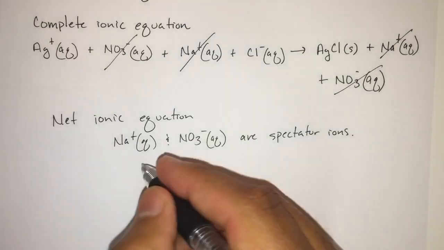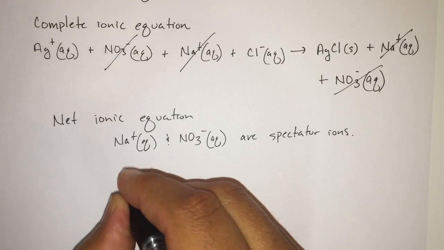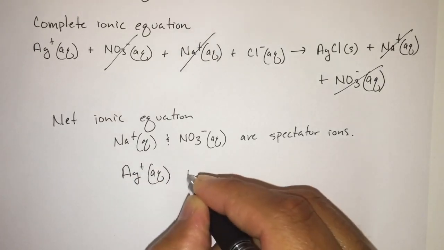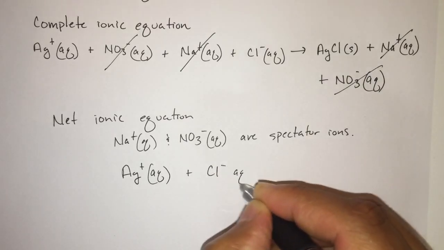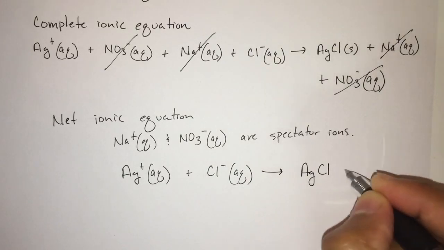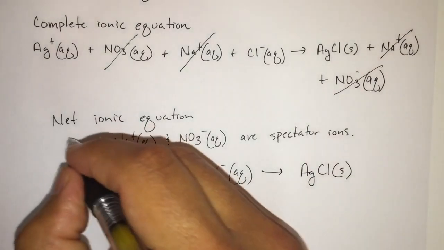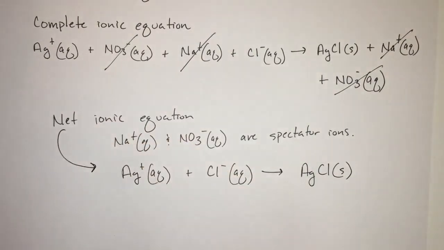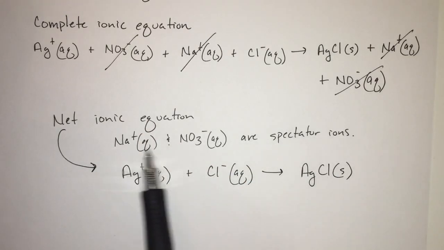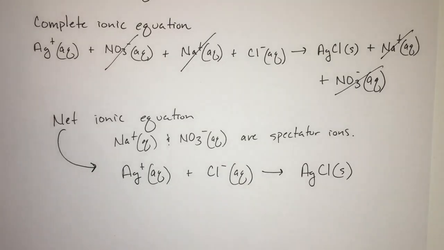So the net ionic equation is we write down what's left over. So just so there's no confusion here, the net ionic equation is this. The sodium and the nitrate are spectator ions.